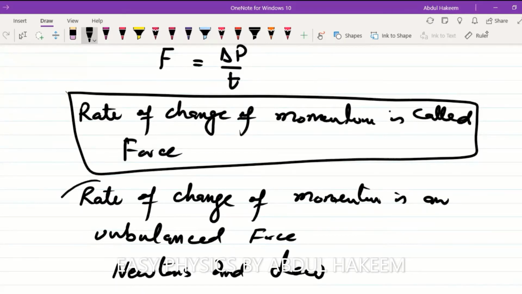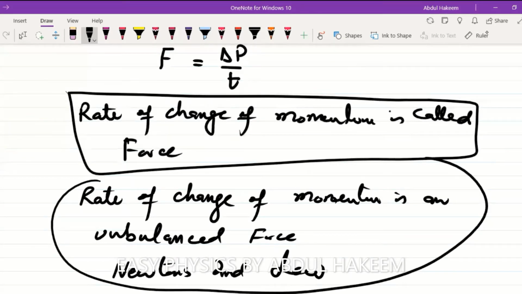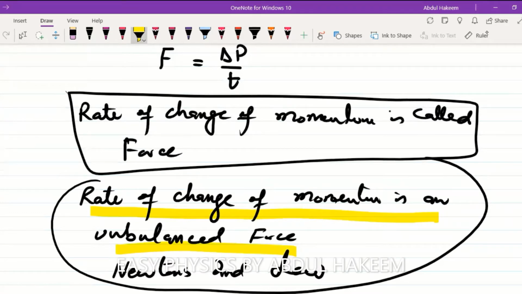So now we have to define Newton's second law as: the rate of change of momentum is an unbalanced force.